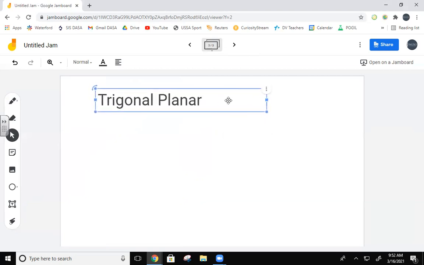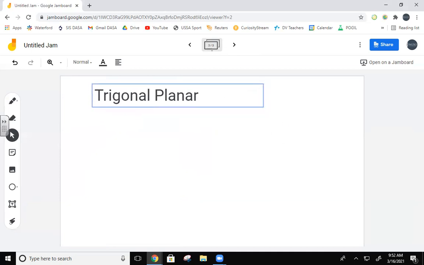If you were to guess what trigonal planar means, or what the shape of a trigonal planar molecule would be, what would your guess be? Anyone? No. Anyone? Anyone? Anybody? Something with three. Yeah, for sure. Okay.